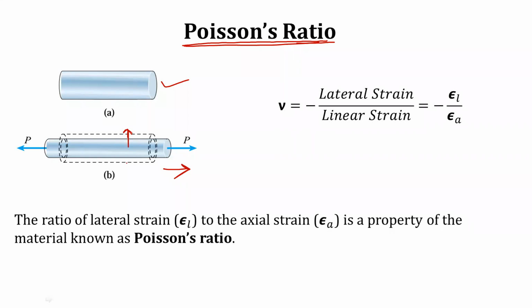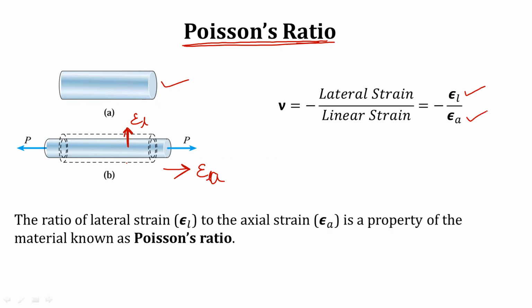Along the length, the strain is called axial strain, because this is along the axis, epsilon A. The other strain value is epsilon L, the lateral strain, because this direction is lateral to the axial direction. If you take the ratio of epsilon L to epsilon A, this ratio is called Poisson's ratio.